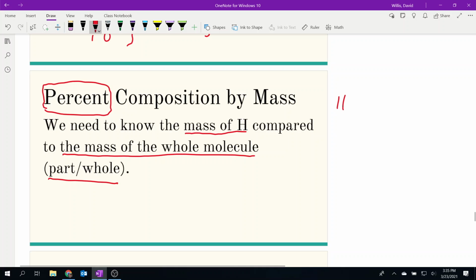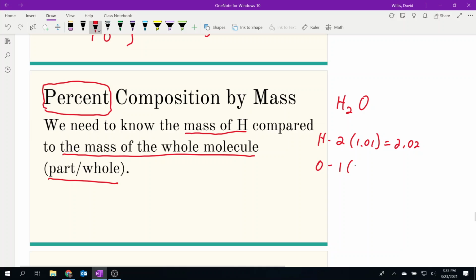Now remember, we've got H2O, and so we've got two hydrogens. So I'm just going to say hydrogen. I've got 2, and that is times 1.01, so 2.02. And then oxygen, I've got only 1, but it is 16 times as massive as hydrogen.